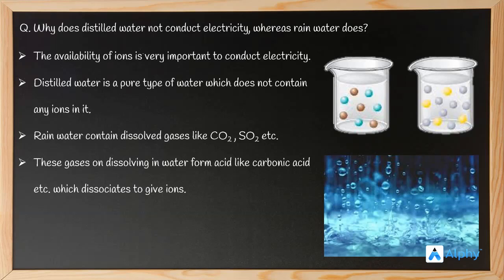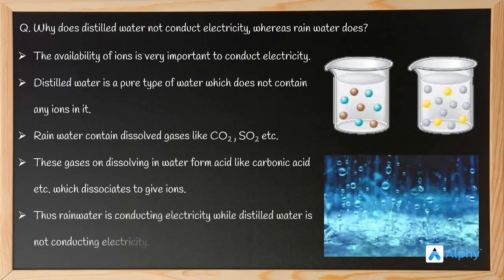It has some impurities like CO2 and SO2 gases, and these gases react with water to form some acids, and these acids give out the H plus ions, or simply ions, and because they give out ions, rainwater is able to conduct electricity. Lastly, rainwater is conducting electricity while distilled water is not. So I hope this question was clear.